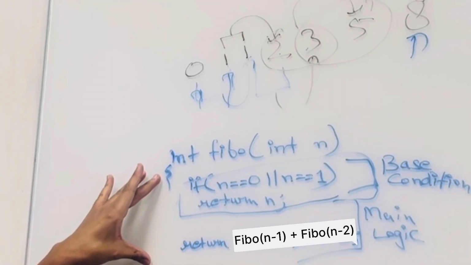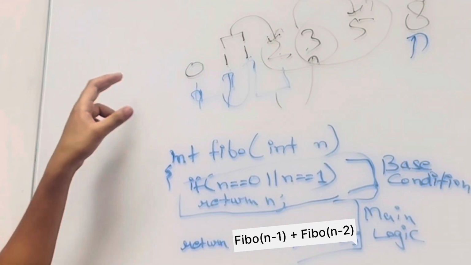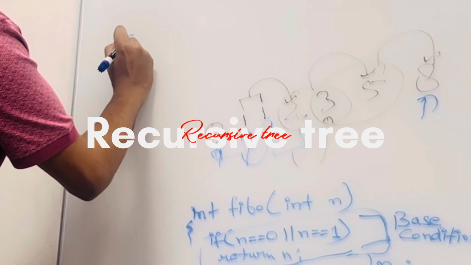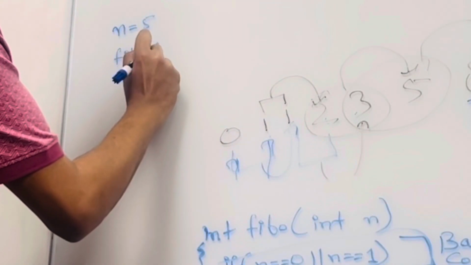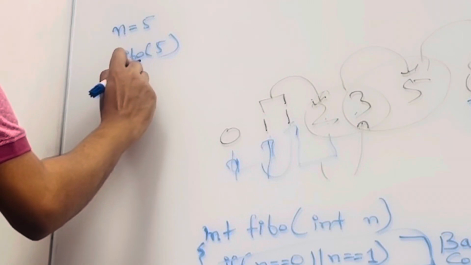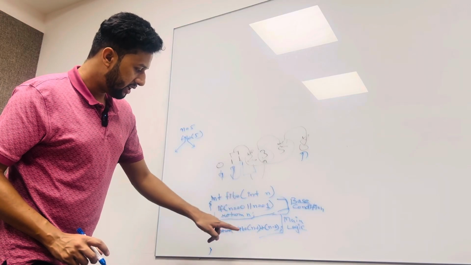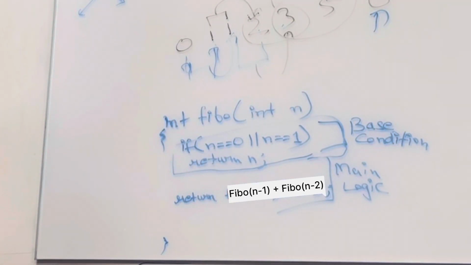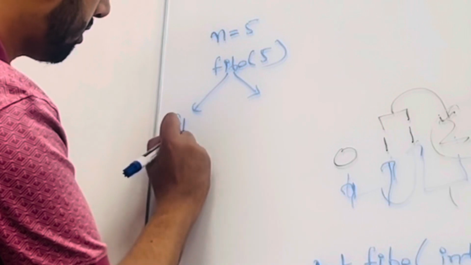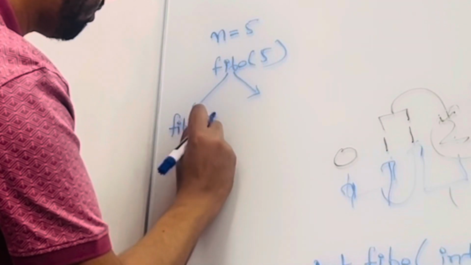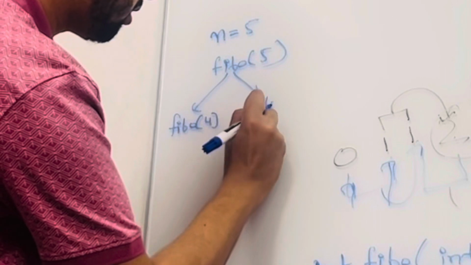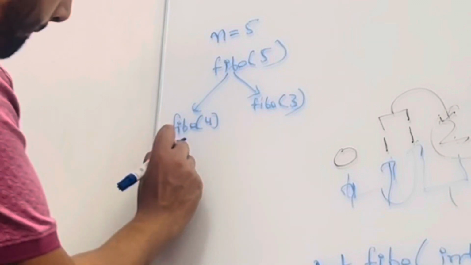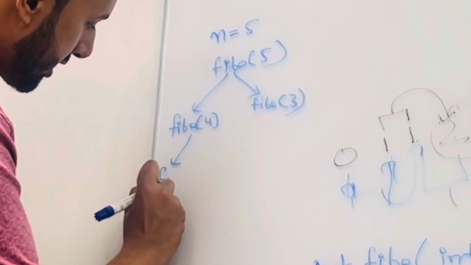I will explain this pseudocode with the help of a recursive tree. I will create a recursive tree for this one. Suppose n equals 5, Fibo of 5. Fibo of 5 is split into Fibo of 4 and Fibo of 3. Now we have to do it recursively. See the power of recursion.